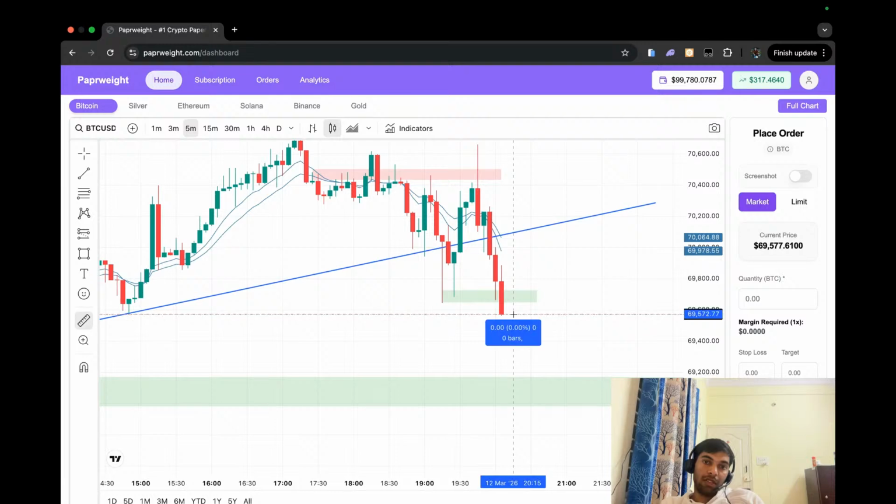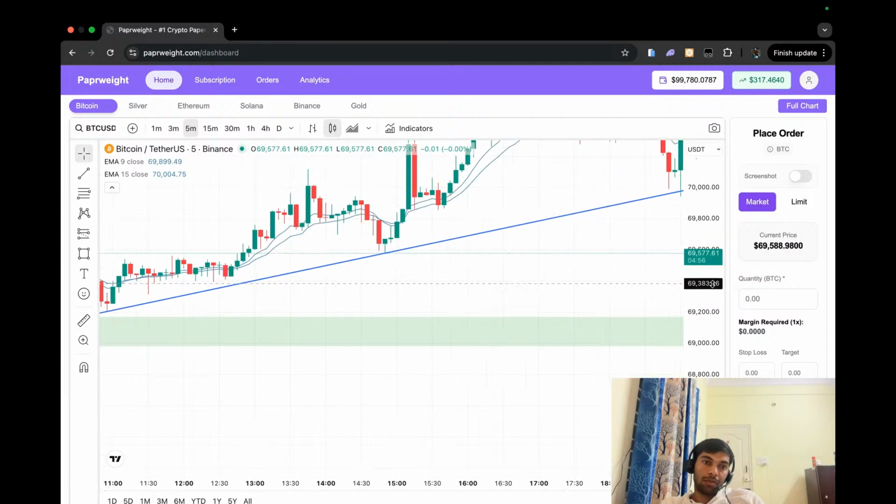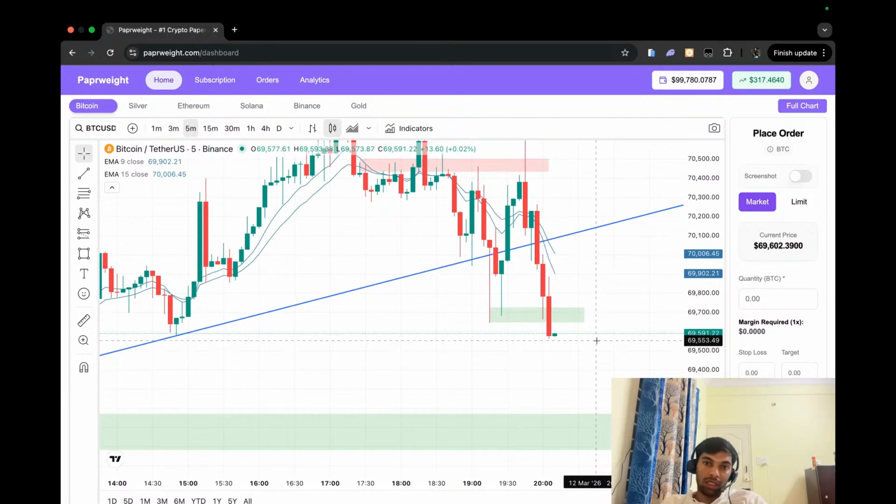Still, market has this much of a gap to fill. This is 69558.